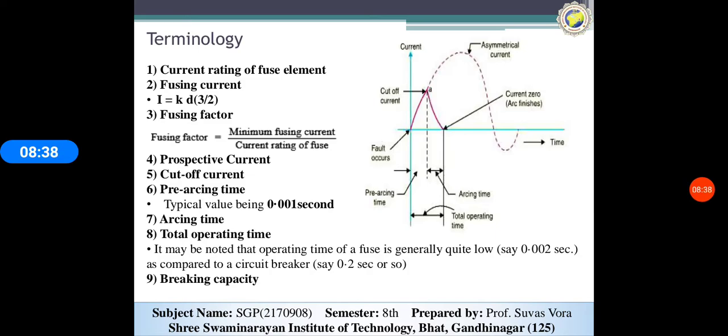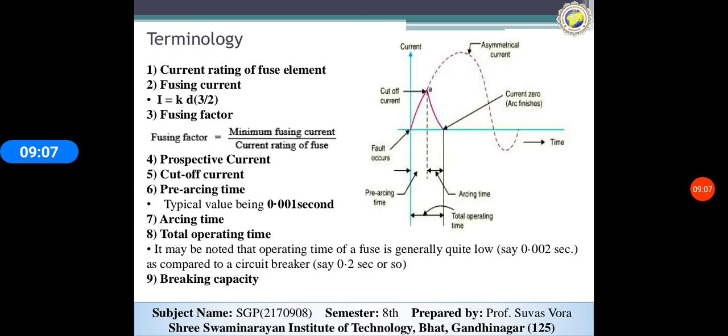You can see here the current in the starting conditions is very high. This terminology is applied to the thin wire, the value at which the thin wire will melt. This one is called the prospective current.